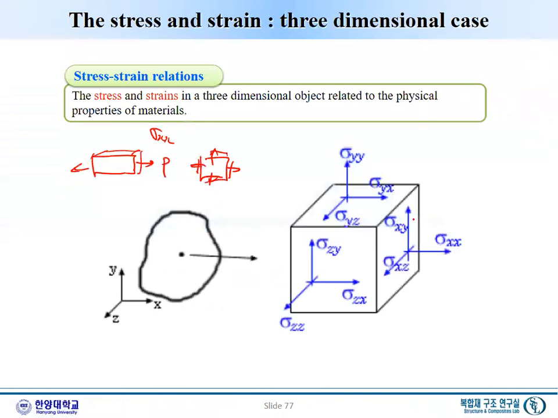As you can see here, on each surface we have a sigma xx, one normal, y one normal, and z we have another normal. And this one we have a shear, right? As here, the 2D version, and this is the 1D version.